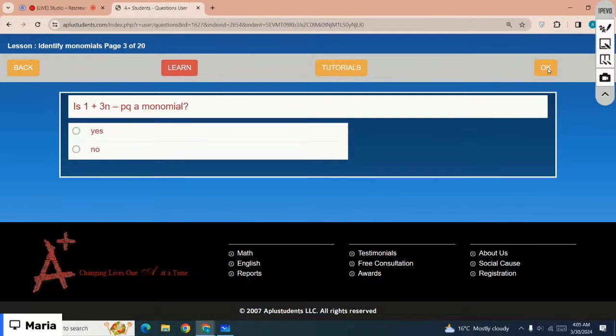Is 1 plus 3n minus pq a monomial? The correct option is no, this isn't a monomial, right? Because here you have a positive and negative sign, so this isn't a monomial.